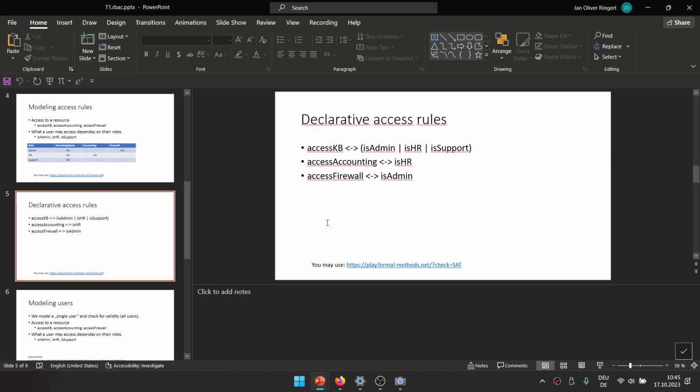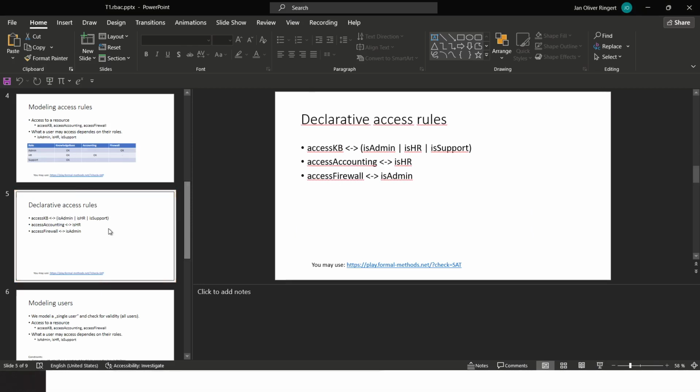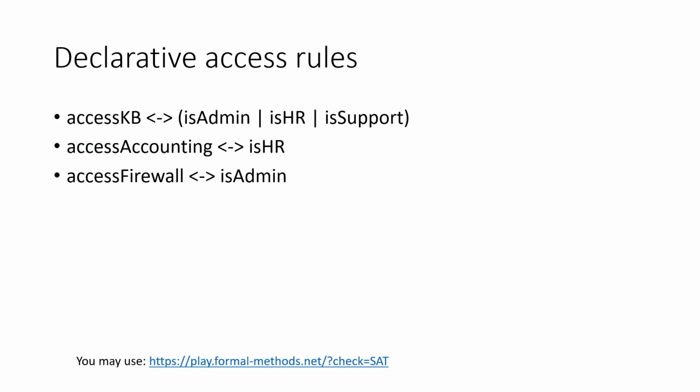So basically, we would do it like on this slide, where we link the resource to the possible roles. So you only have access to the knowledge base if you are one of these. You only have access to accounting if you're one of these, which is only HR. You only have access to the firewall if you're one of these, and that's only admin. This way, we would not end up with the same issue of overlapping or multiple roles, because if we add the super user, we would have to add the super user in all of these.